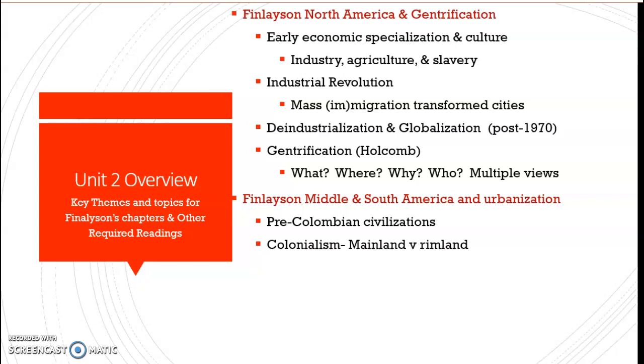And we'll see how areas of the mainland were established by the colonizers and used to promote the growth of those colonial families, where the rimland was more of an area of exploitation, an area where you could extract materials for international trade. And the idea that the mainland was owned and operated by the colonizers, the rimland used labor, most oftentimes forced labor, to extract and exploit the natural resources.